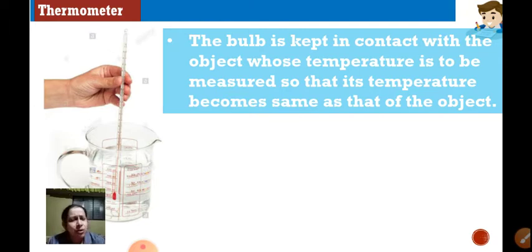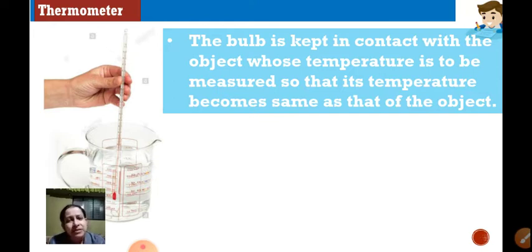It may be any object or even the body temperature. When we are checking, we have to bring the bulb in contact with the patient if it is for fever, and if we are using it in the laboratory, then whichever object we are using, the bulb has to be immersed in it so that we can measure the temperature.